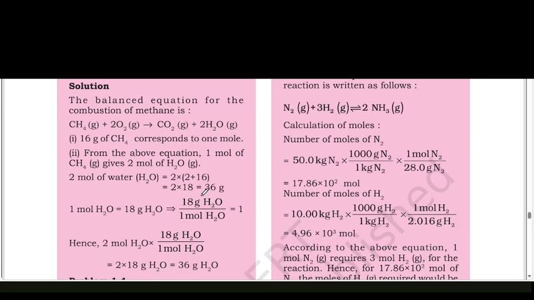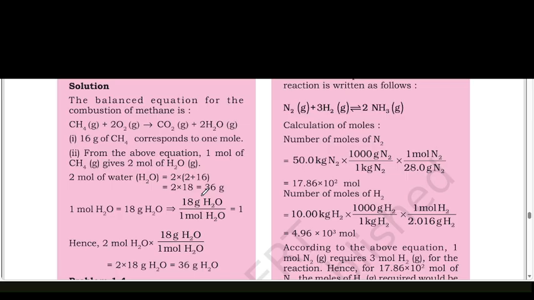Calculate the amount of water produced by combustion of 16 gram of methane. So CH4 plus 2O2 gives CO2 plus 2H2O. Okay, we have written the balanced equation. Then 16 gram corresponds to 1 mole.